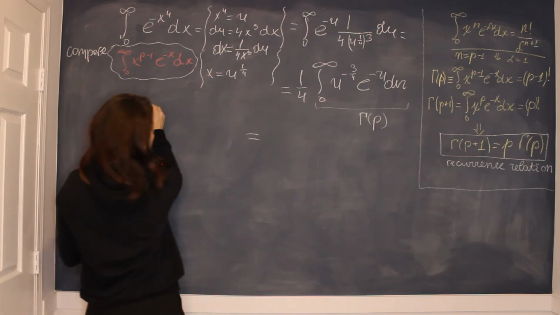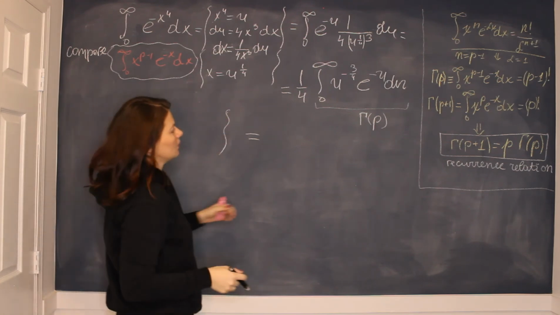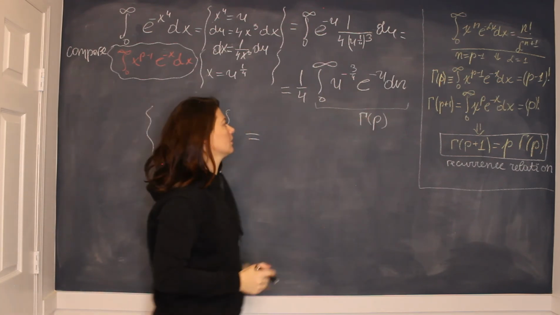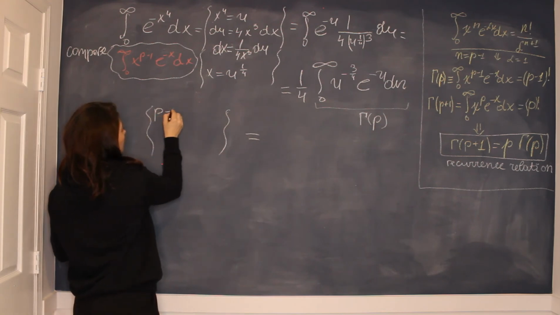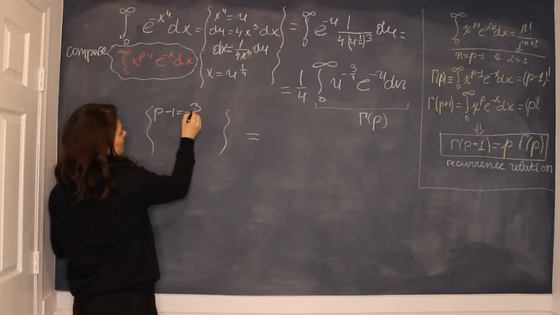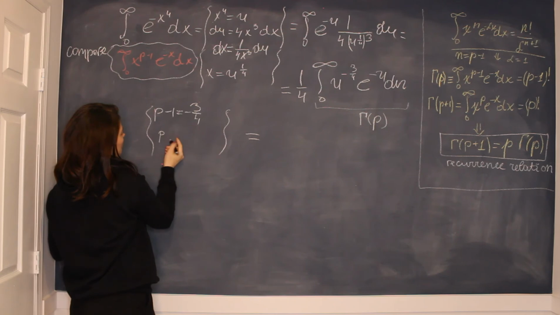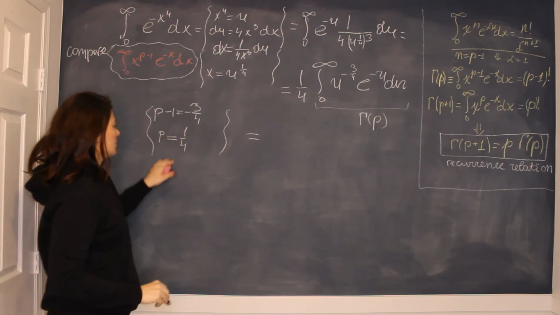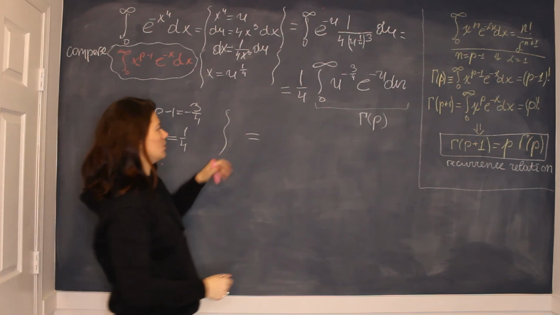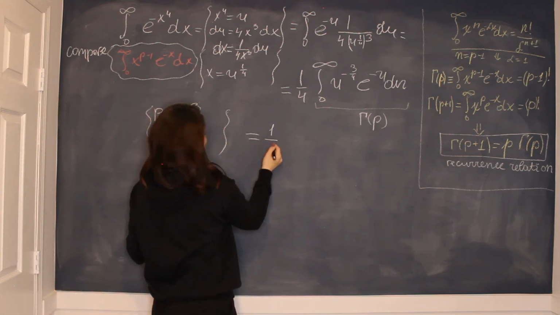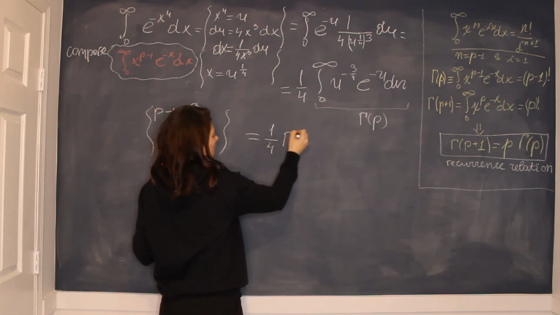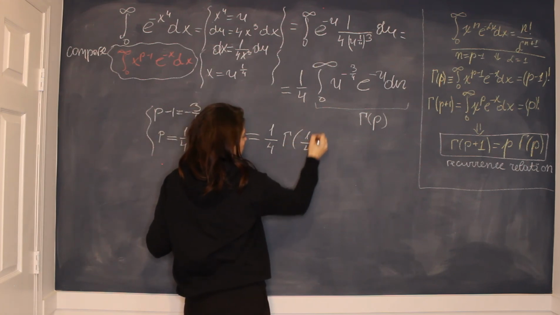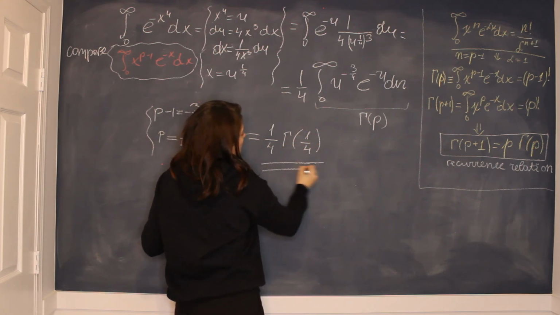So if our p minus 1 equals minus 3/4, then our value of p is 1/4. And so that's our p, and our integral becomes 1/4 gamma of 1/4. And that's our final answer.